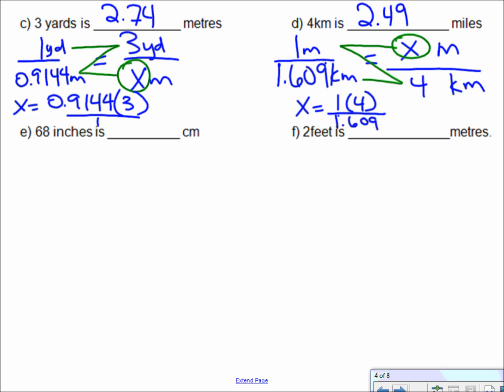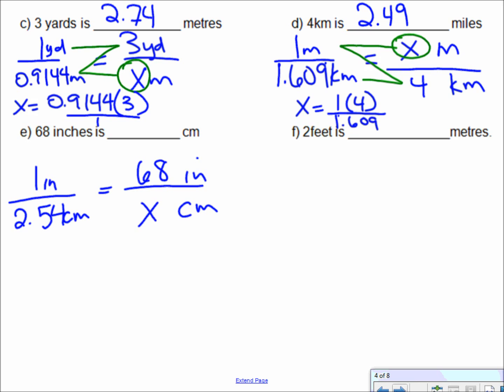Okay, so first things first, I'm going to look for inches to centimeters, or centimeters to inches. And I did see it. 1 inch over 2.54 centimeters. So that means I'm going to have inch on the top and centimeters on the bottom. So I know in the question it gives me 68 centimeters, I don't know.